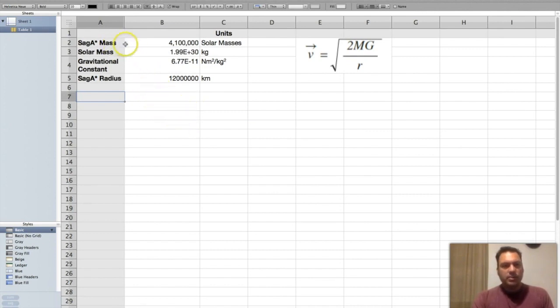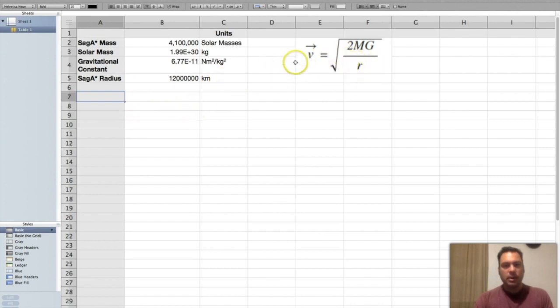Notice I've filled in some information. Sagittarius A's mass is 4.1 million solar masses. A solar mass is this amount here, so we're going to have to convert this into kilograms in a moment. The gravitational constant we have, and we have the radius of Sagittarius A, which is 12 million kilometers. Okay, cool. So we have everything we need to calculate our escape velocity.